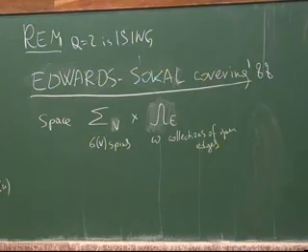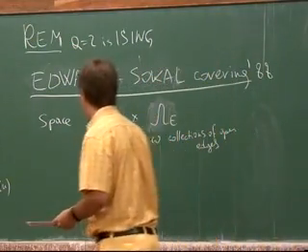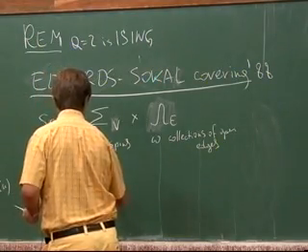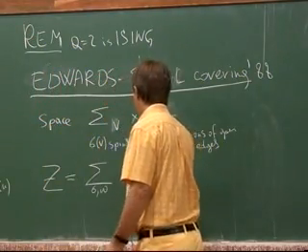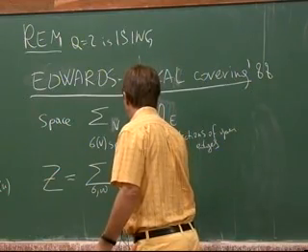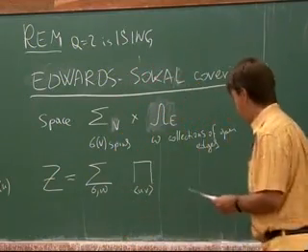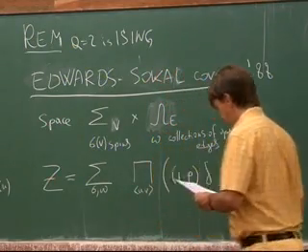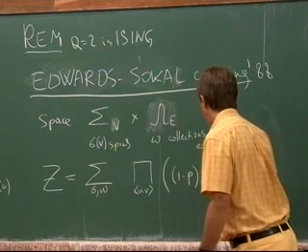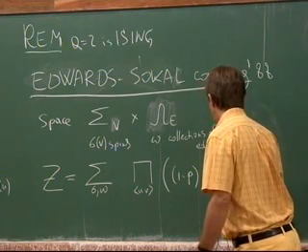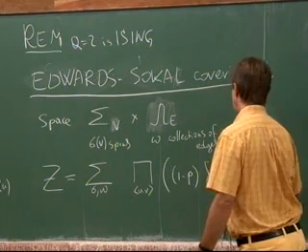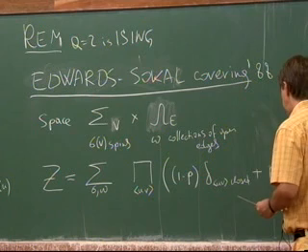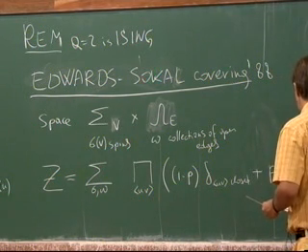Okay, and now I have to say what is the probability of a given configuration. So I'll just write the partition function. It's the sum over all possible configurations. And then the weight of one configuration: you take a product over all pairs of nearby vertices uv, and then there is 1 minus p times the delta function of the edge being closed, plus p times the delta function of spins being equal, sigma of u equal to sigma of v.